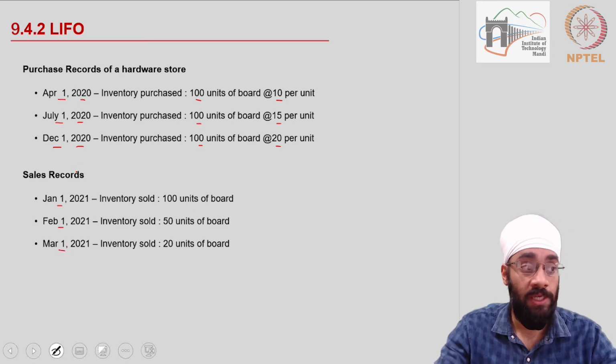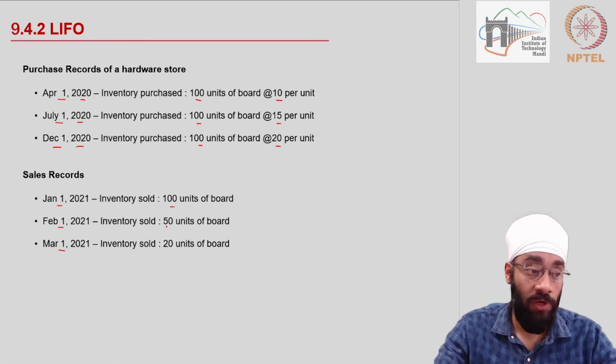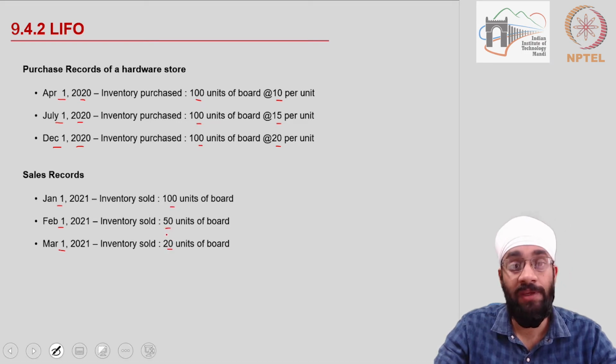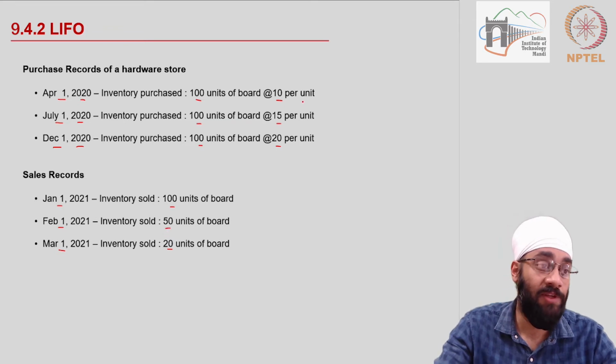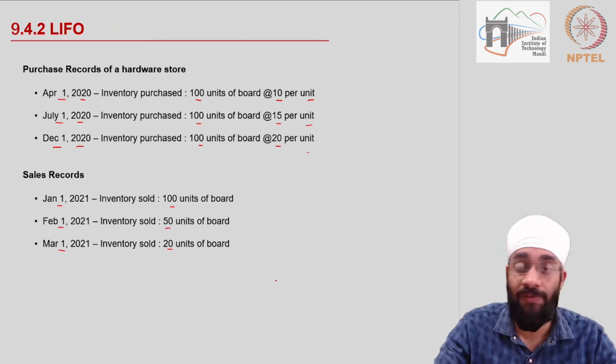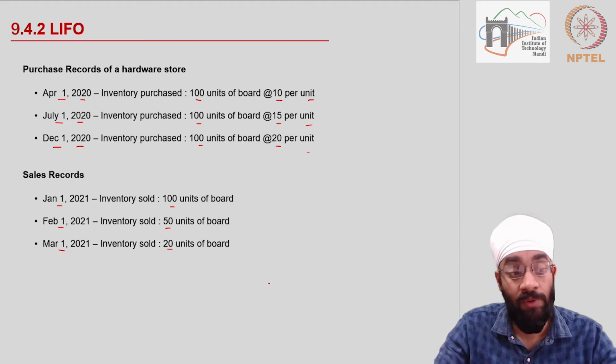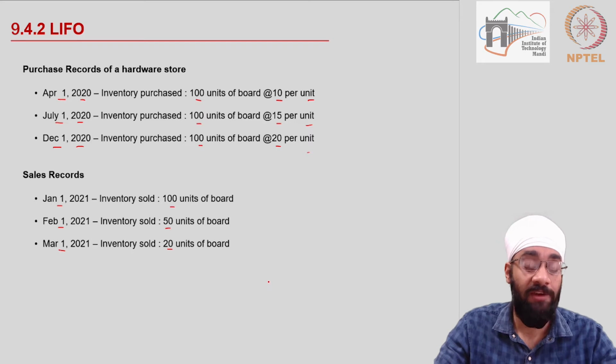Let's say this is the 2020-21 financial year. And then the inventory is being sold, different units, and we have to figure out at the end of the year which of the units are remaining, which of the three lots, what is the value of the cost of the goods which have been sold, or goods that are unsold, what is the value.